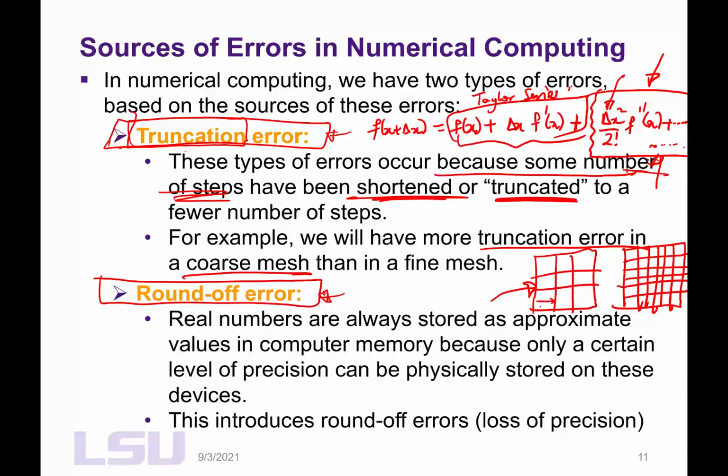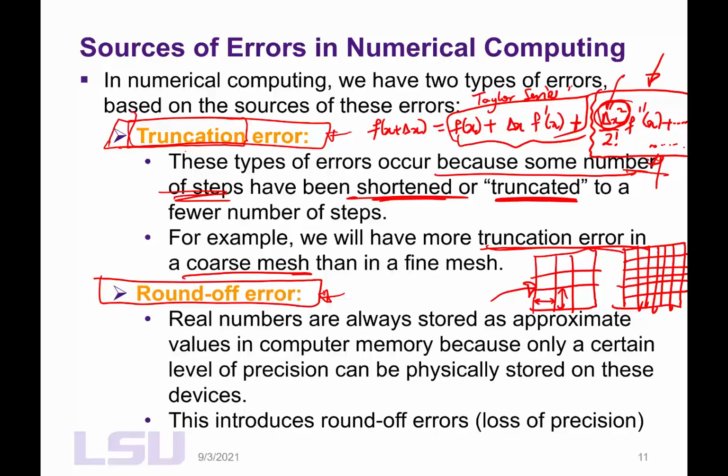Delta x could be the size of this grid block in this direction. And because the error is a function of the square of delta x, the truncation error will be a lot more in a grid block that has bigger delta x than in a smaller one. So truncation error increases as the mesh becomes more coarse.